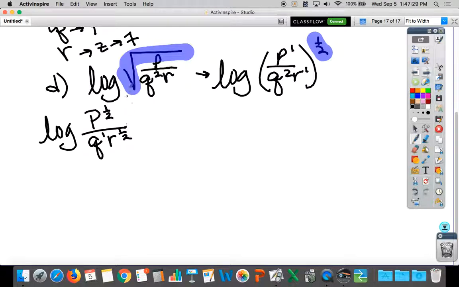Now some of y'all can probably jump from this step to the end. I need to go step by step by step. So let's expand this. So that's going to be 1/2 log p. What do I put between the p and the log q? A minus. Log q.